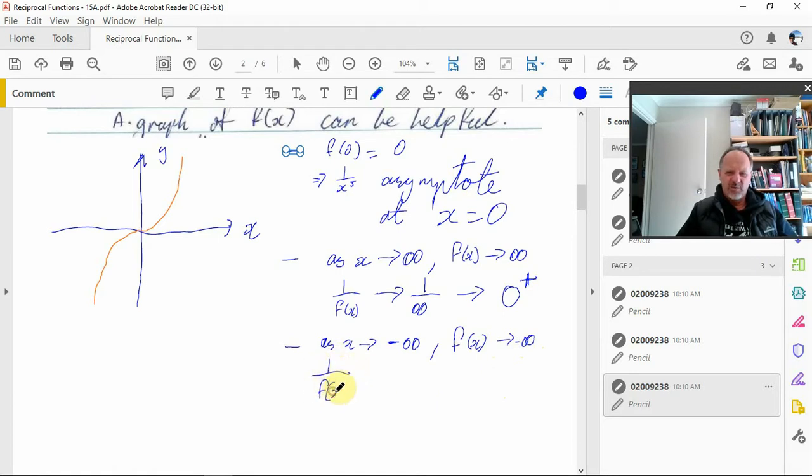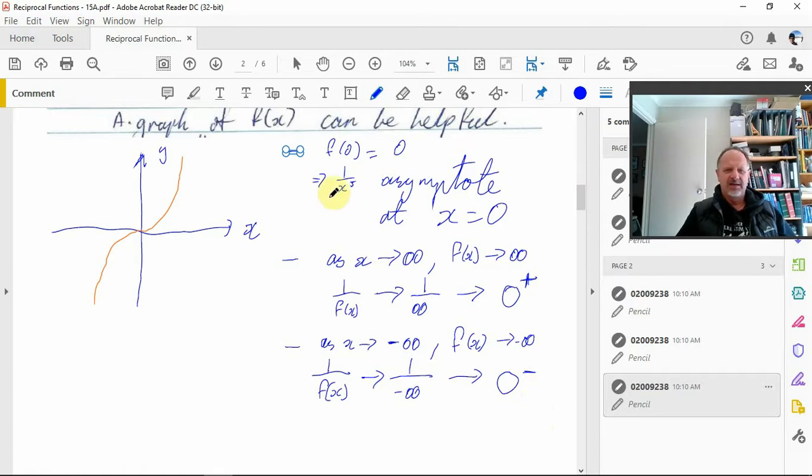Well, 1 on f(x) is going to go towards 1 on negative infinity. And again, 1 on a big number is a little number, but this time the little number is a little negative number, so it's going towards 0. And I've got here a minus, and that's from the negative side.